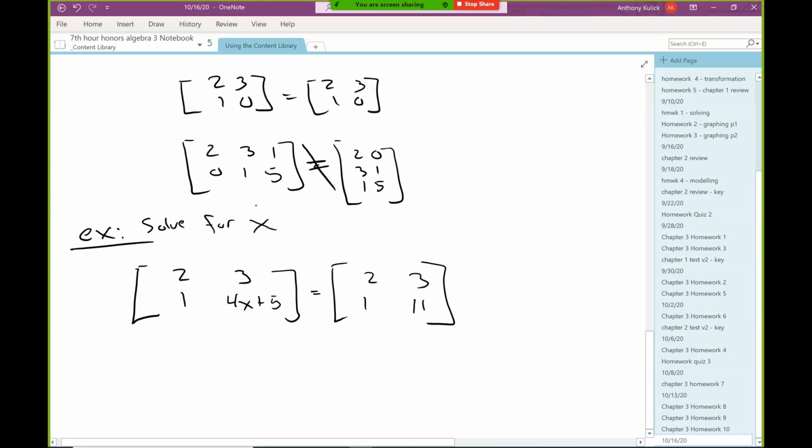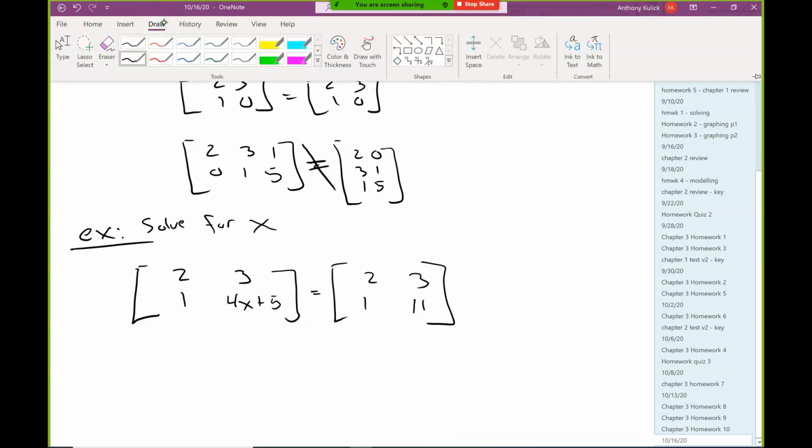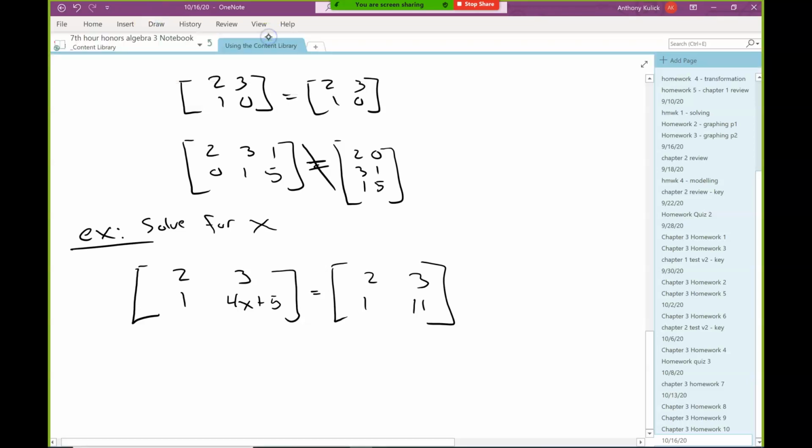What we're given are two matrices that are equal, correct? What can we say about the elements, if the two matrices are equal? The corresponding elements have to also be equal. So I can say that, for example, 4x plus 5 has to equal 11. And now it's trivial, right?